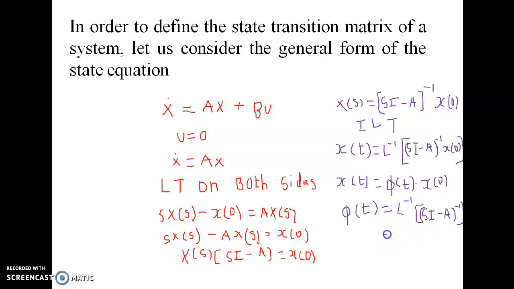This phi of t is nothing but the state transition matrix, which is also written as e raised to At. Here x of t is the state of the system at time t, and x of 0 is the state of the system at time t equal to 0.